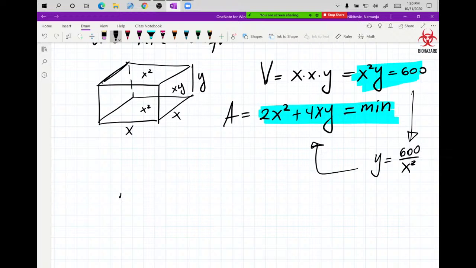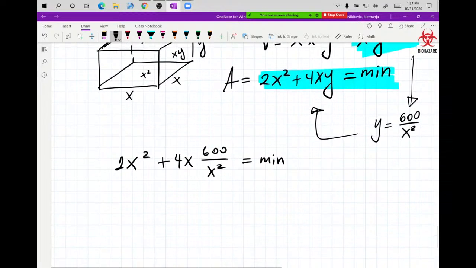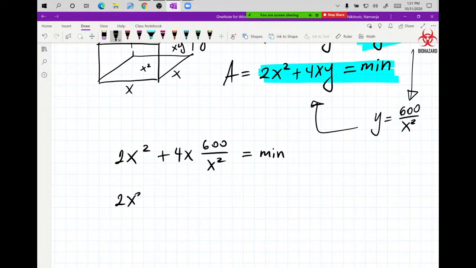So 2x squared plus 4x times 600 over x squared equals a minimum. That's 2x squared plus 2400 divided by x equals minimum.